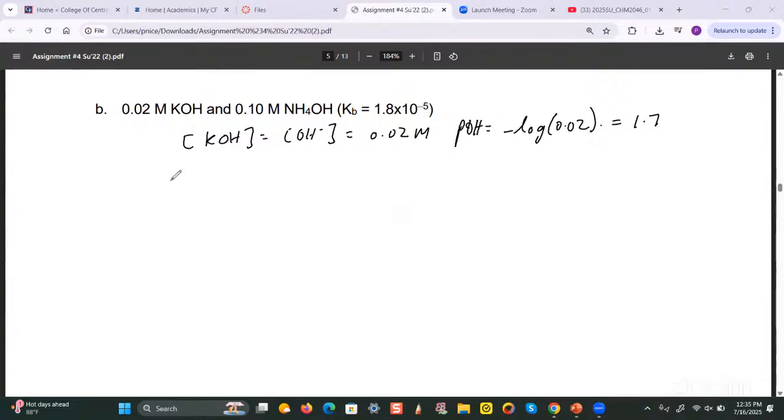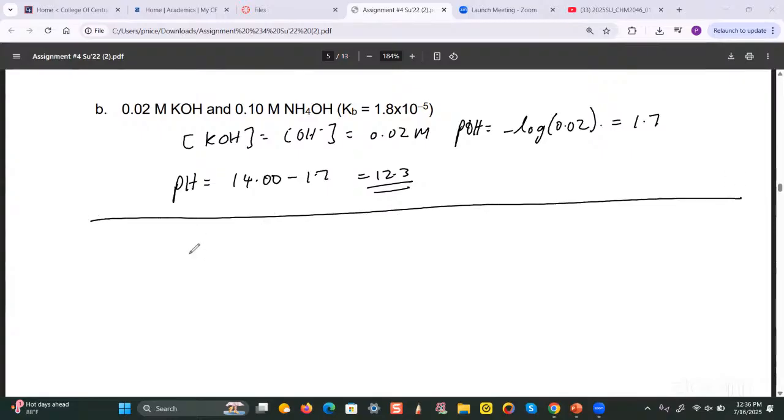So how do we find the pH? 14.00 minus 1.7 gives you 12.3, and that's it. That's how you determine the pH of that solution. So again, this is relatively easy.